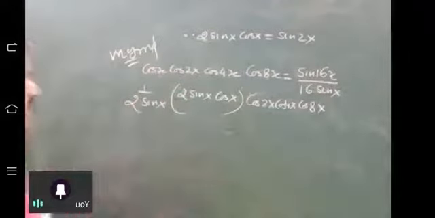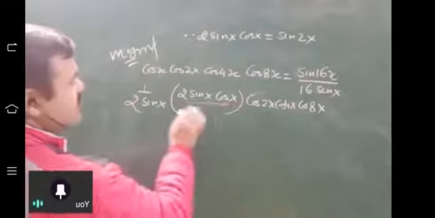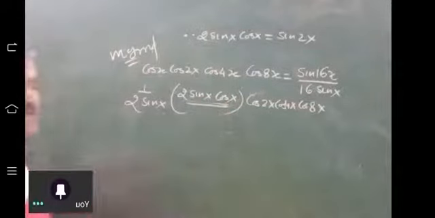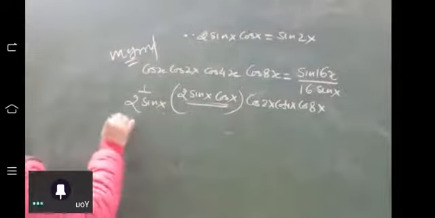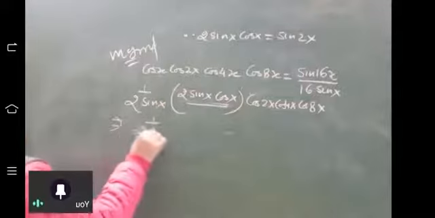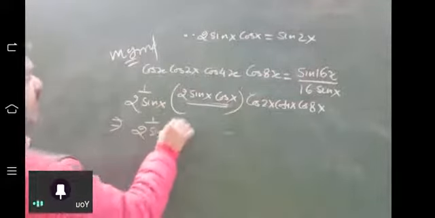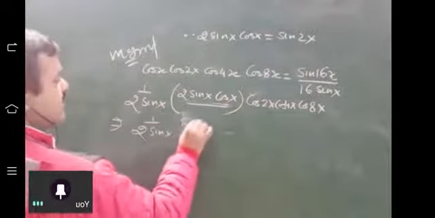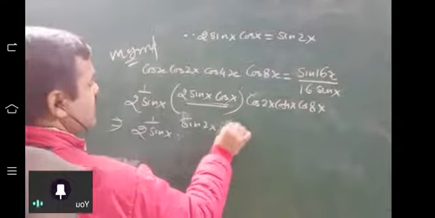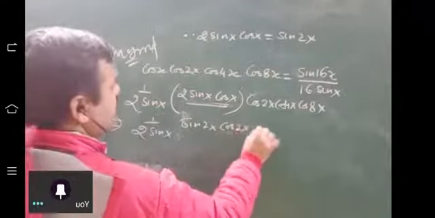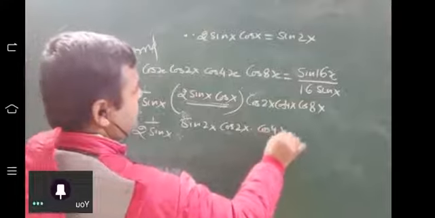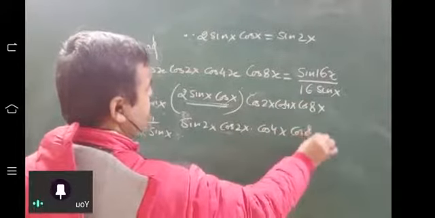Now this is equal to sin 2x. This one will become sin 2x. So this is equal to 1/(2 sin x) times sin 2x cos 2x cos 4x cos 8x.